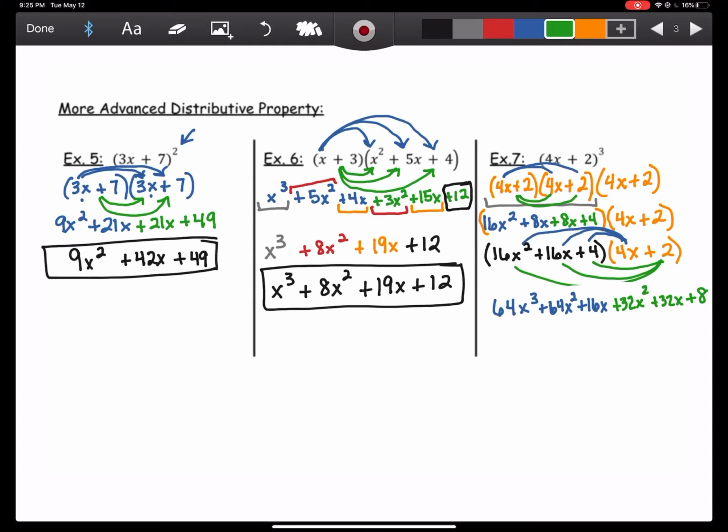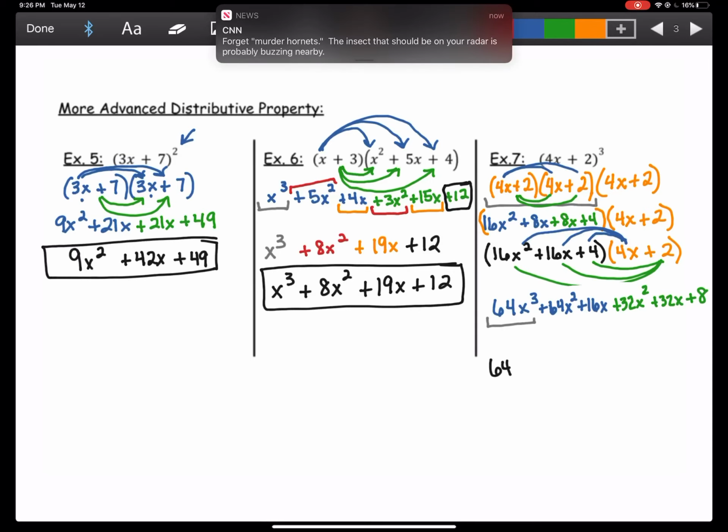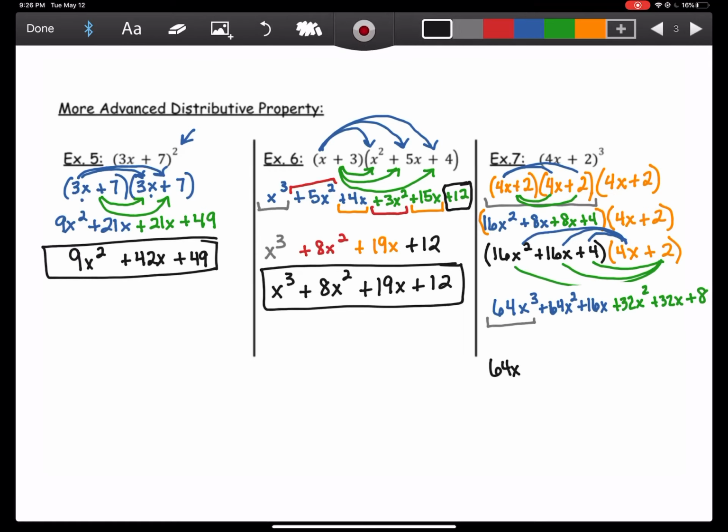Okay, last step. Now, watch your like terms. So we have an x cubed out in front. So 64x cubed. And then we have positive 64x squared and positive 32x squared. So they're going to make positive 60 and 30 makes 90, 4 and 2 makes 6, so that's 96x squared.